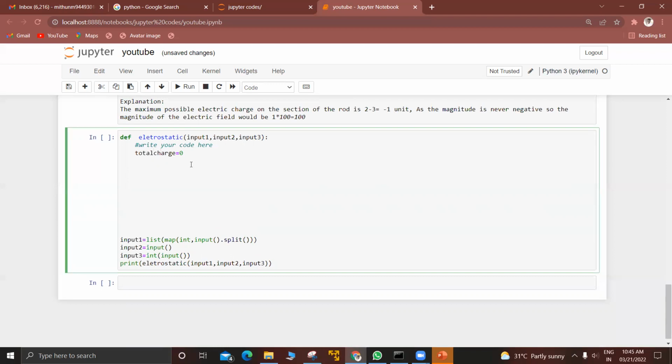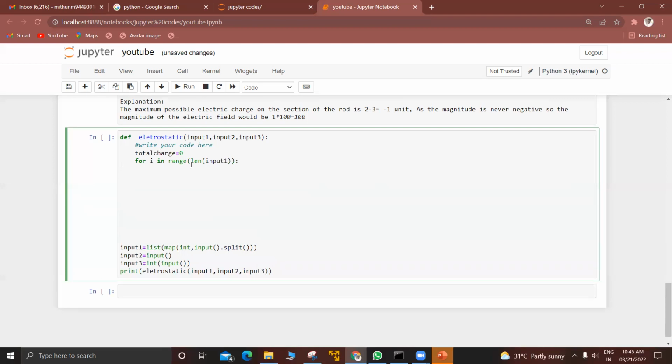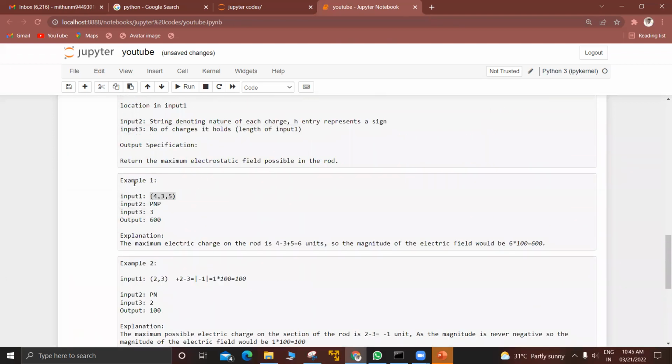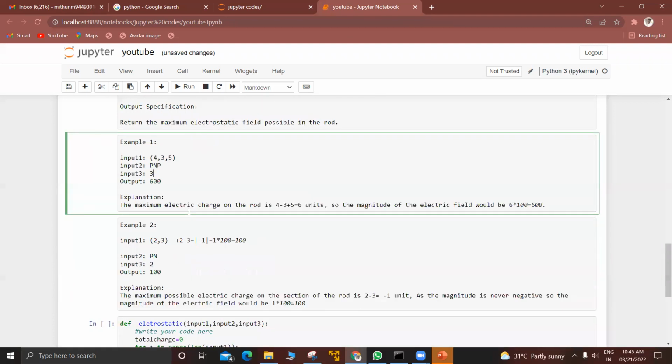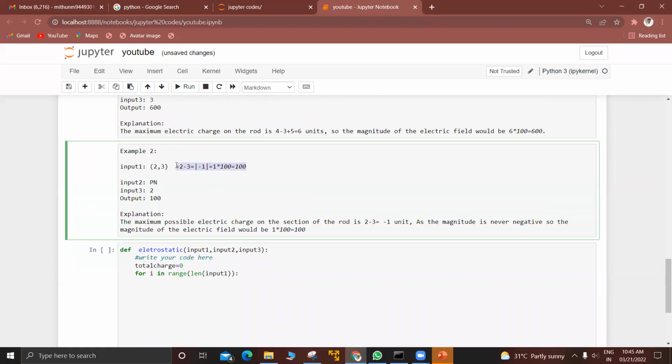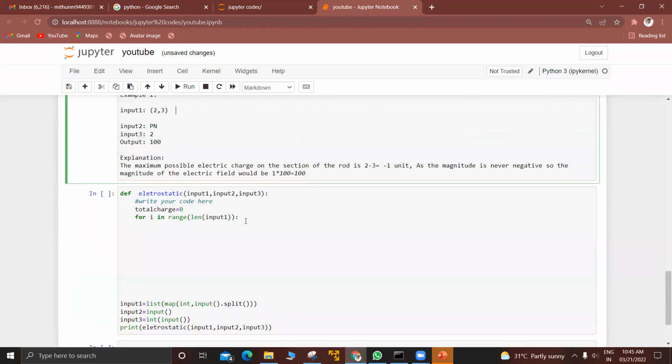So for i in range of length of input 1. Let us write the code for this test case. This for loop will run for 2 times. That means the length of input 1 is 2. So 0, 1. 2 times it will run.